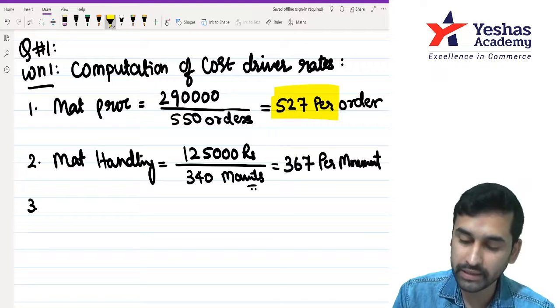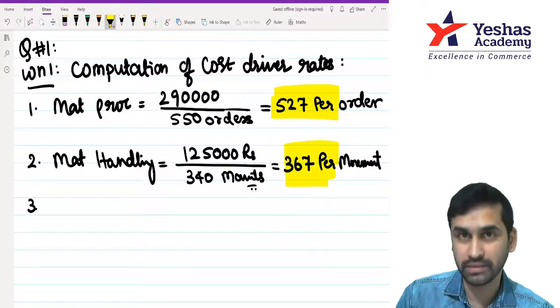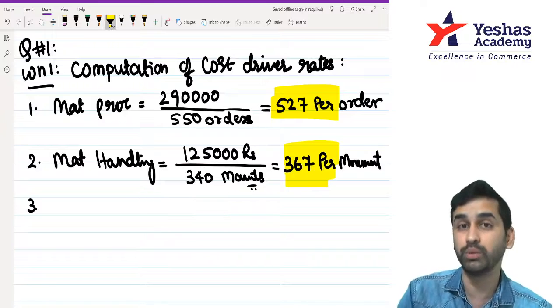Okay, understand, like this I will have 6 rates, because there are 6 cost pools.